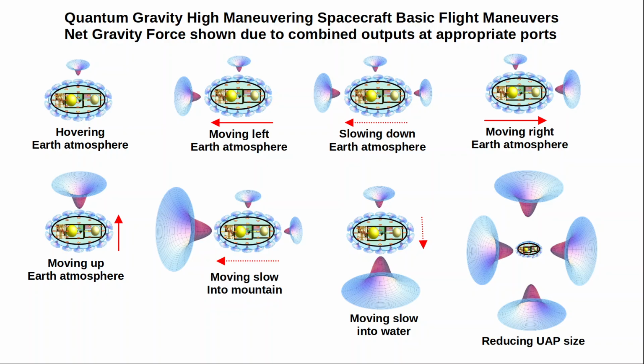And then we'd have a net gravity force slowing the spacecraft down as required. So the gravitational output force on the right would control your speed. You'd have to have more force to the left to provide more curvature to allow the spacecraft to go through the mountain or the solid.